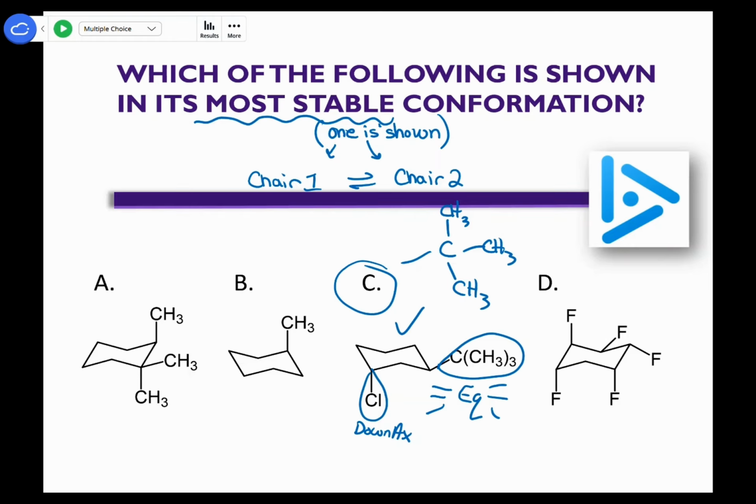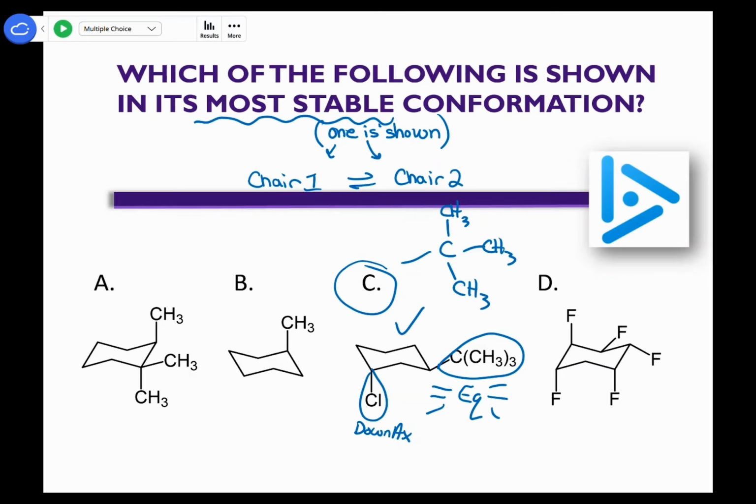So A shows, I'm indicating my methyl groups with a red ball, a down axial in the front right carbon, and an up equatorial, and then an up axial in the back. A has 2 axial and 1 equatorial.